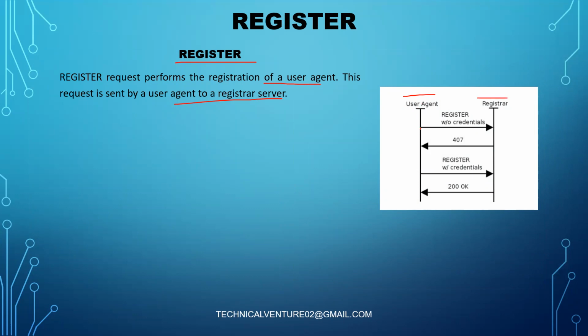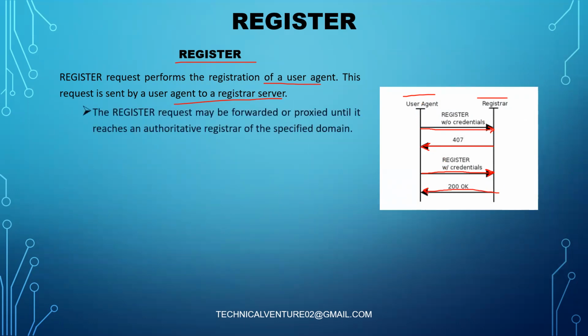It sends REGISTER without credentials, then it will get an error like 407 unauthorized. Then it will send REGISTER again with the credentials. Then the registrar server says, okay, you are allowed to register now.